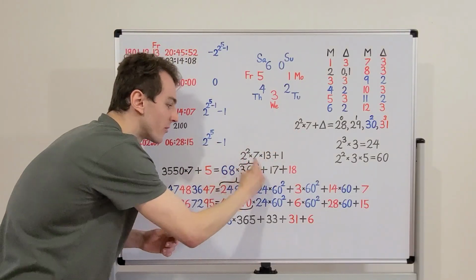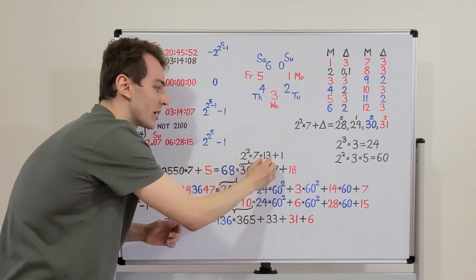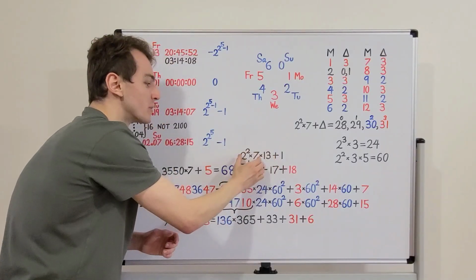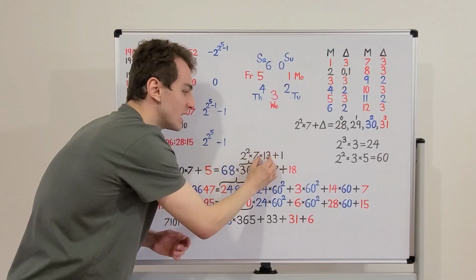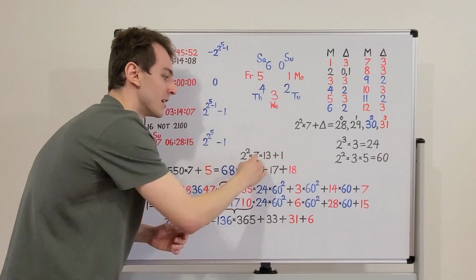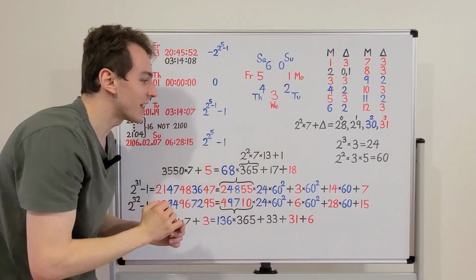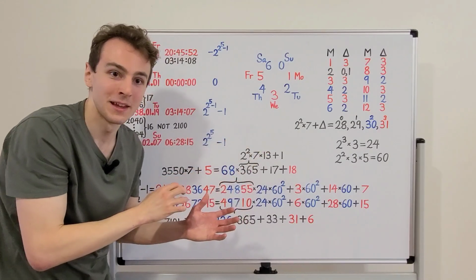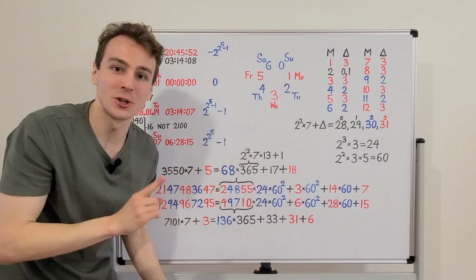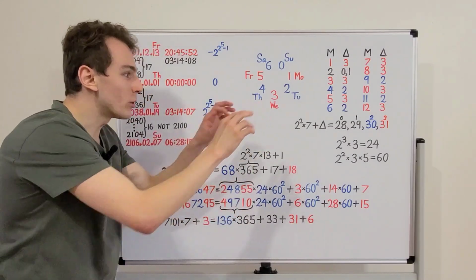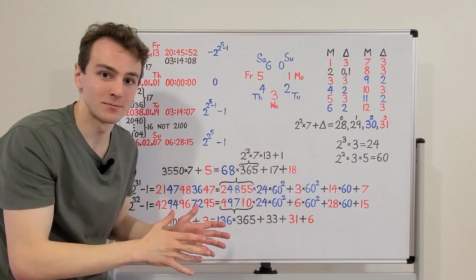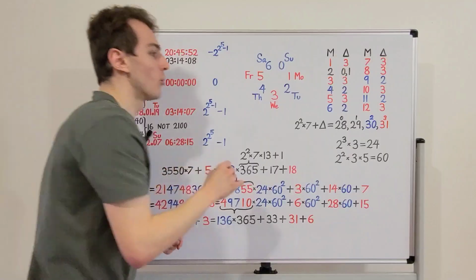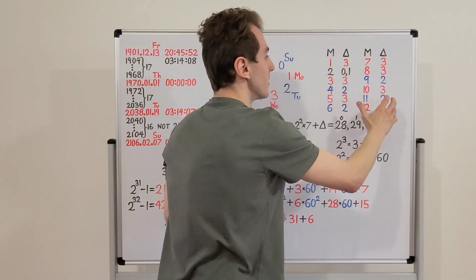In one group of 365 days, we actually have 13 groups of 28. So we can write this as 28 times 13 plus 1. So there's enough days to make 13 months. But that's not what the Gregorian calendar does. Instead, we redistribute those extra days and we only have 12 months. So we have 12 months and then all of those extra days are redistributed.